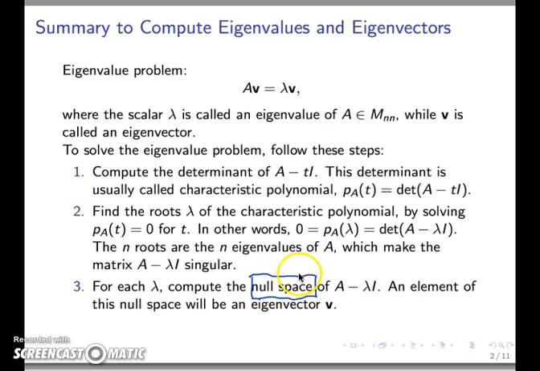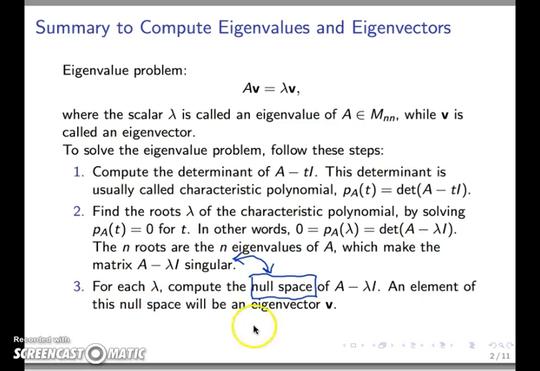The null space, remember, is the solution set of a homogeneous system of equations, and it will have, in addition to the trivial vector, the column of zeros, non-trivial solutions. And if it contains infinitely many of these non-trivial solutions, then that's what we call singular. We are directly related to the definition of singularity. A matrix A minus lambda I that is singular is going to have a non-trivial null space.